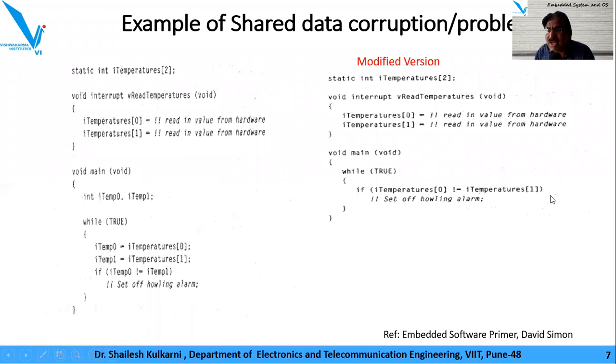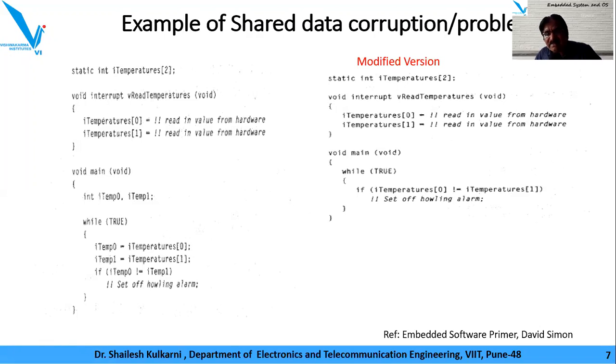Right? And we know that every C instruction is expected to be broken down into n number of assembly instructions. If this had been an assembly instruction, I could guarantee that within the compare operation an interrupt might not be entertained, or even though it is generated, it might not be entertained.